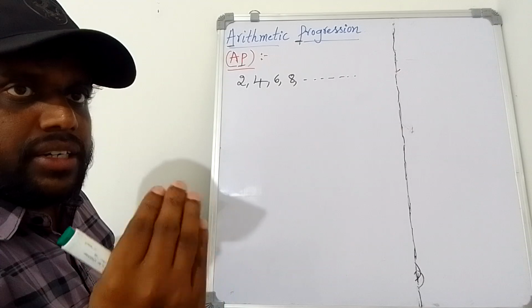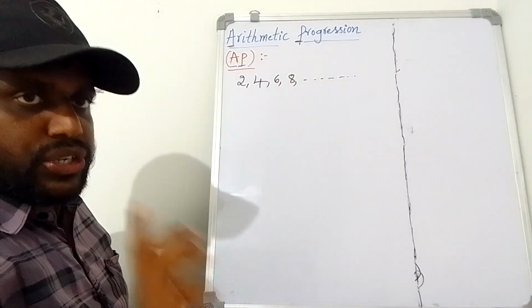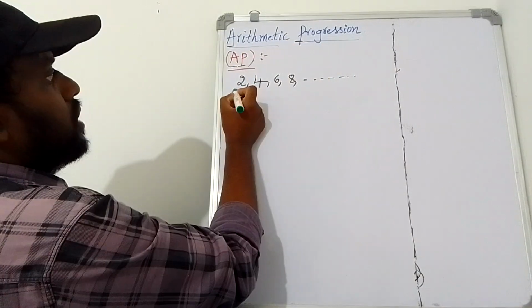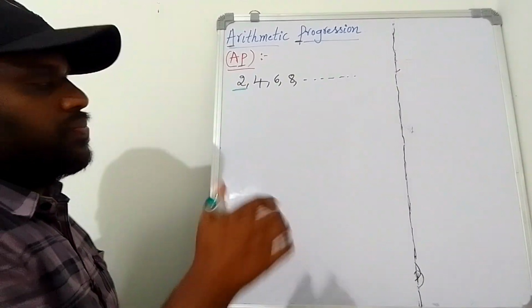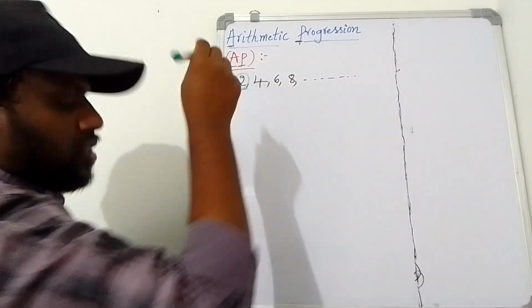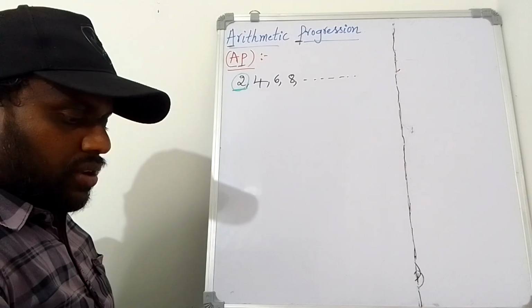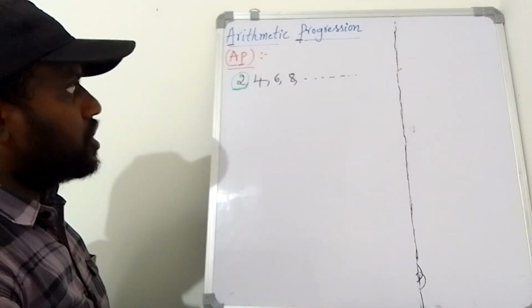To understand the definition of arithmetic progression, don't consider the first term. This 2 is the first term.